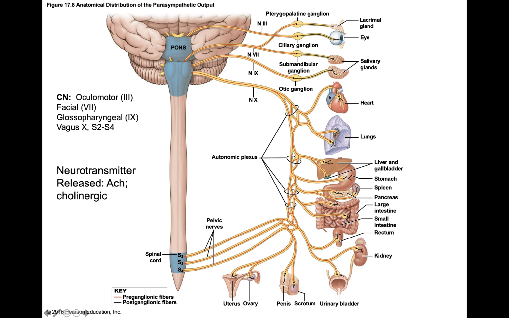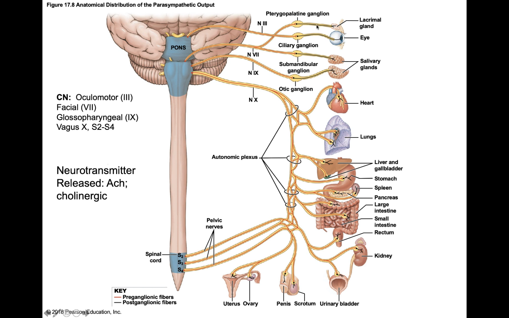Vagus is going to the most of the organs, and then there are some nerves that are coming off in the sacral area. Neurotransmitter that's being released here is acetylcholine, so it's cholinergic, and then the neurotransmitter that's being released here at the target organ is also acetylcholine, so that's again cholinergic.